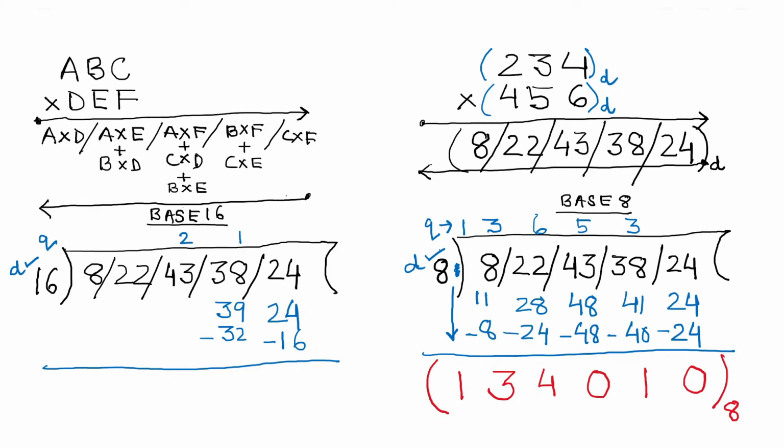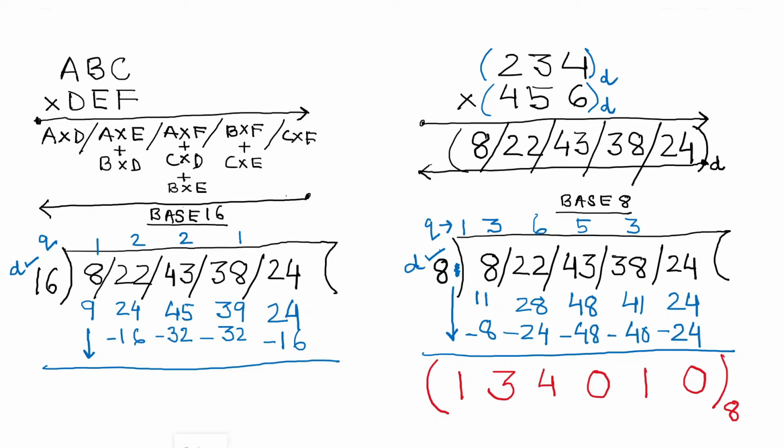The next dividend is no longer 43, it is 45. 16 into 2 is 32. The next dividend is no longer 22, it is 24. 16 into 1 is 16. The next dividend is 9. Since it is lesser than the divisor, this dividend will come down as it is.